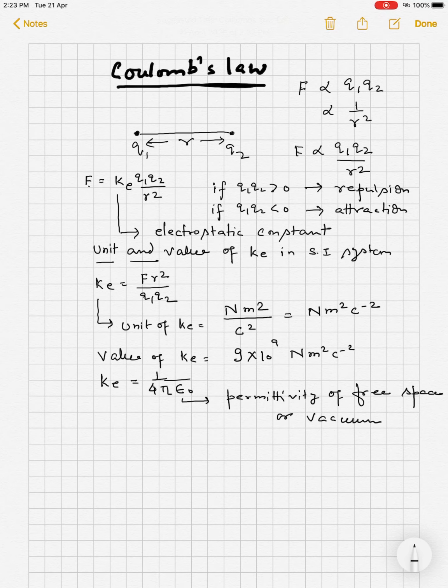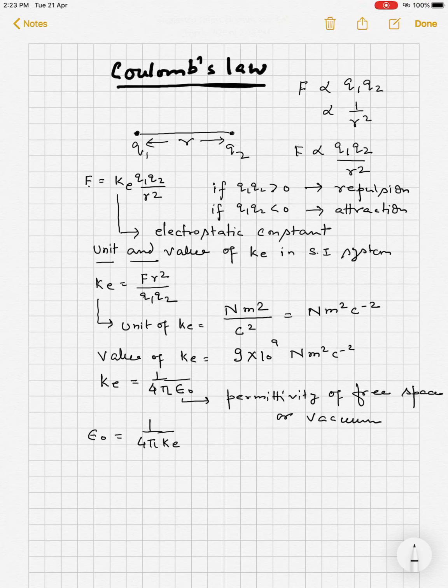Now we have to find the value and the unit of epsilon naught. So epsilon naught will be equal to 1 upon 4 pi Ke.